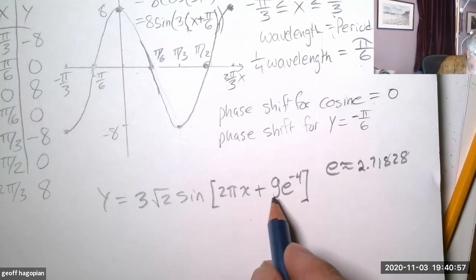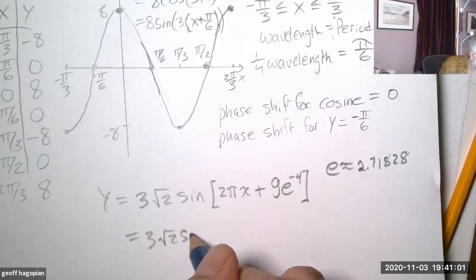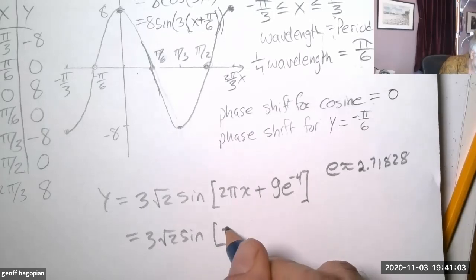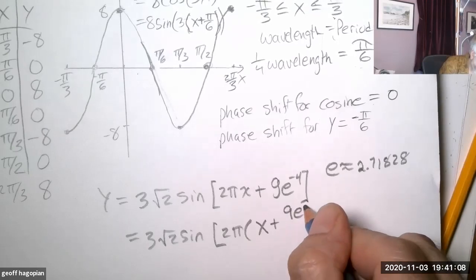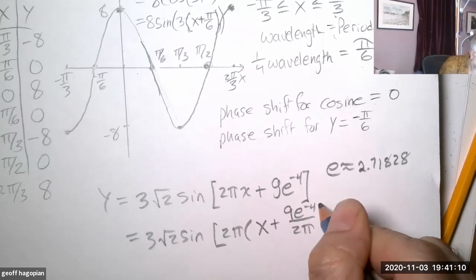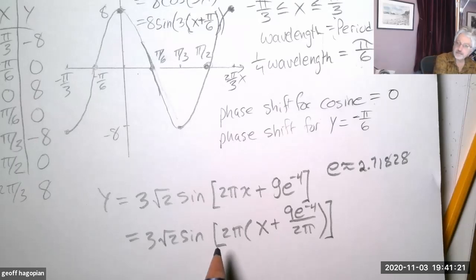But we have to factor out a 2 pi in order to get the actual shift, right? So it's going to be 2 pi times x plus 9 e to the negative 4 over 2 pi. You see that? We just distribute the 2 pi. 2 pi times x is 2 pi x, and 2 pi times this, well, the 2 pi cancels, and you get 9 times, this looks like a g, doesn't it?